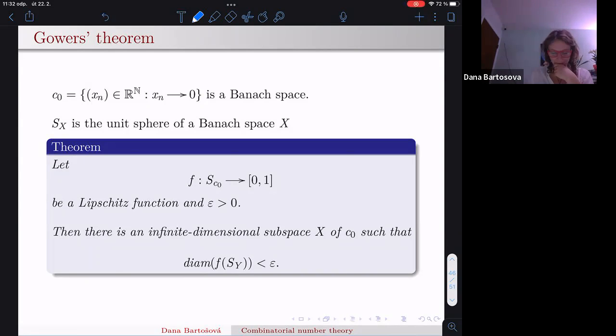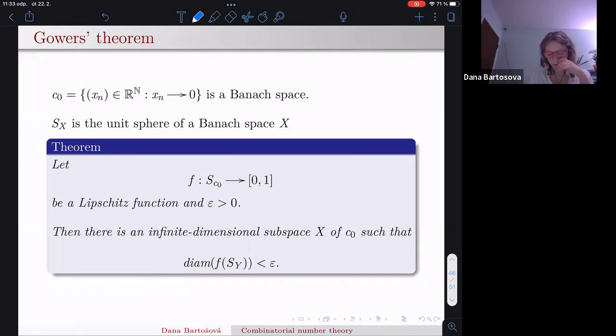So, well, we know Gowers is very versatile, and some of his results are in functional analysis. So I will just talk about the space c0, which is the set of sequences converging to zero. So these are just sequences of natural numbers converging to zero. This is a vector space where we are just looking at coordinate-wise addition.